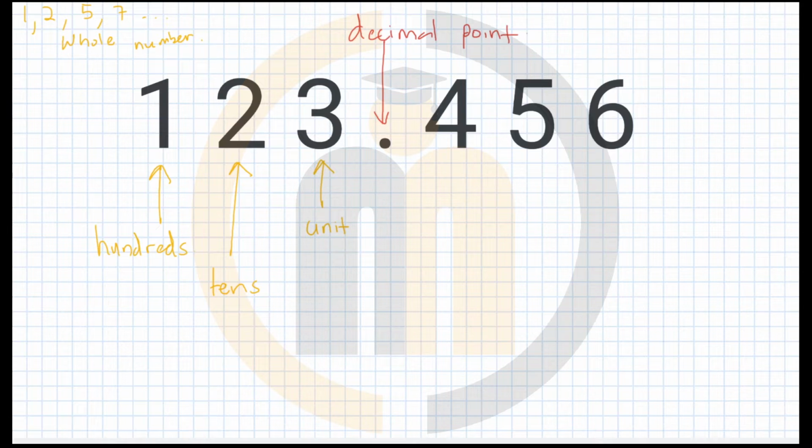So in decimals, the number 4 here will be the opposite of the 2. If I refer to this number 2 here, which is tens, what would the opposite be called? It would be called tenths, with the th. That's the difference here.